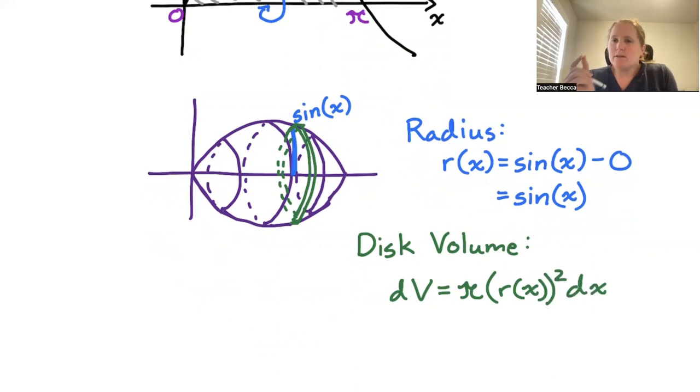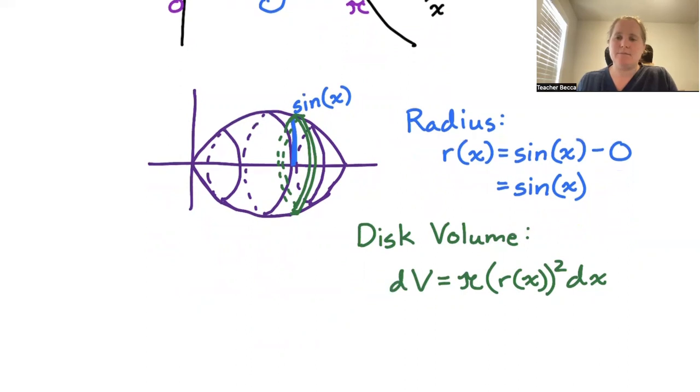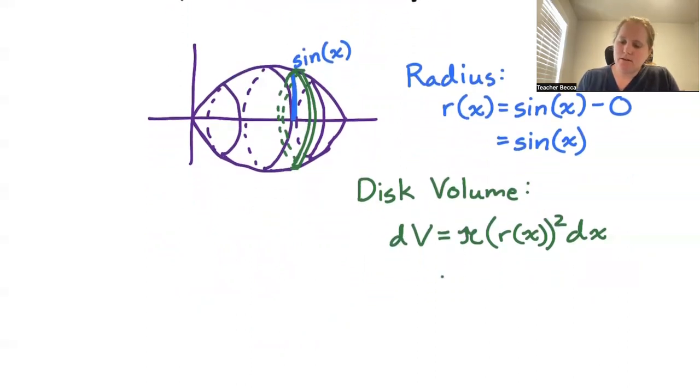Again, that width of the slice is just essentially the differential dx. So we are looking at pi times sine squared of x dx.